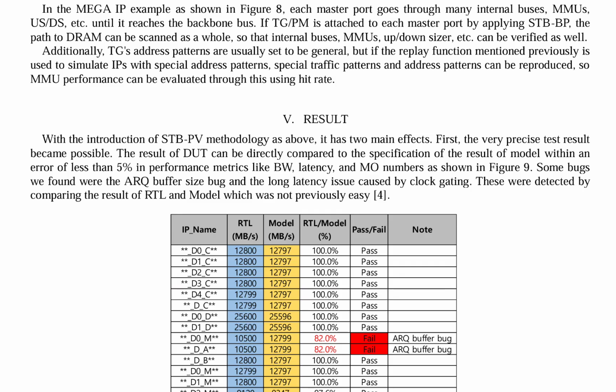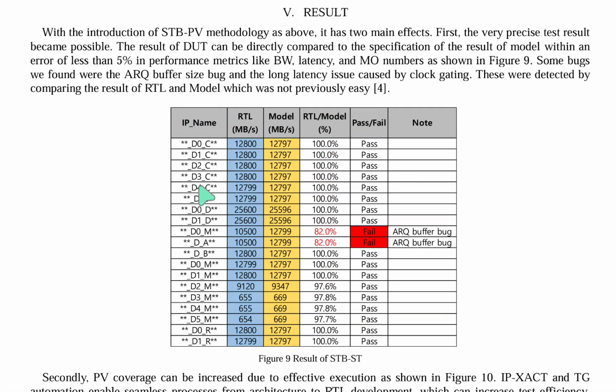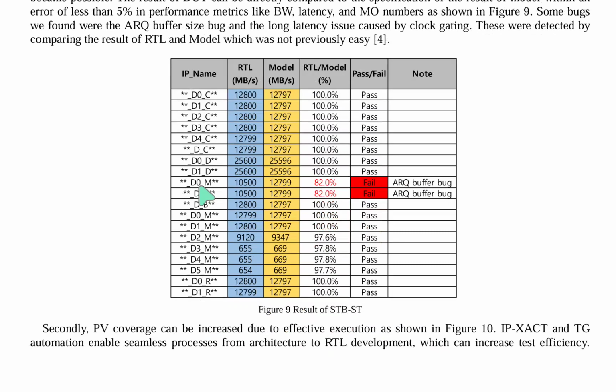Some bugs we found were a hierarchy buffer size bug and a long latency issue caused by clock gating. These were detected by comparing the result of RTL and model, which was not previously easy. Figure 9 is the result of STB-ST.